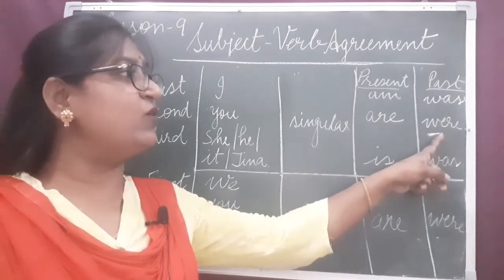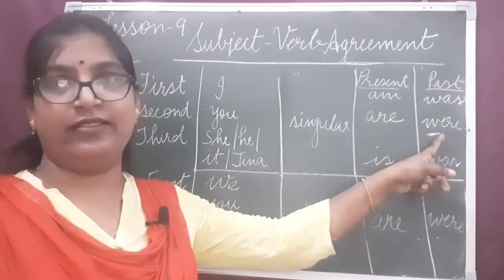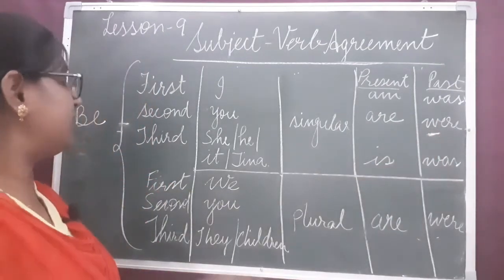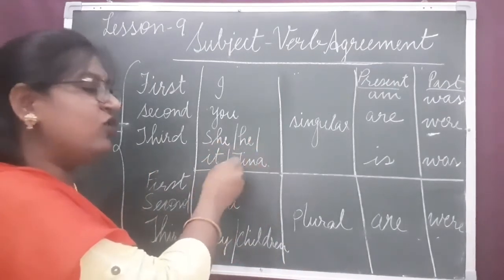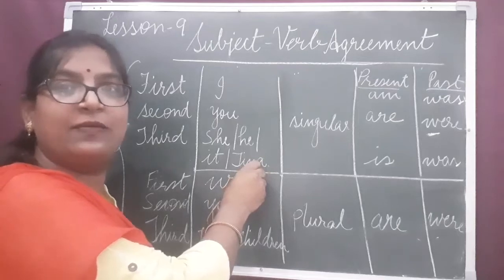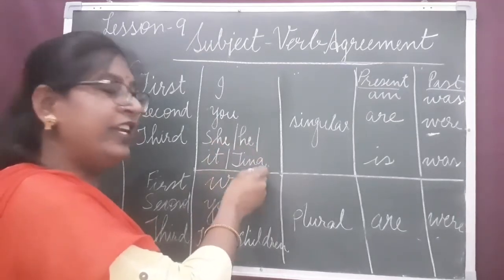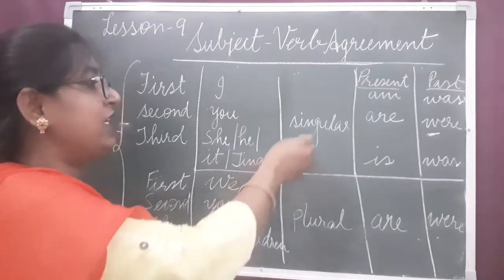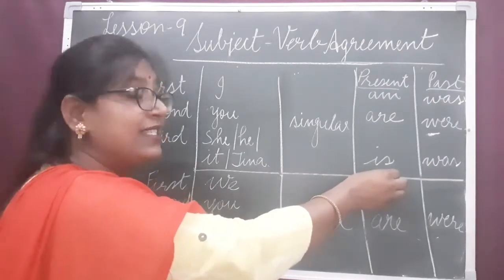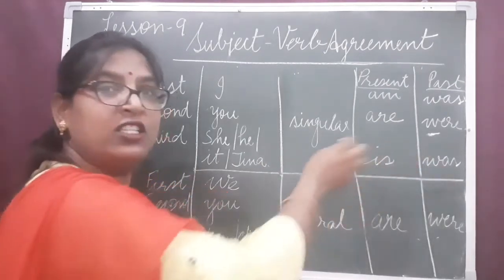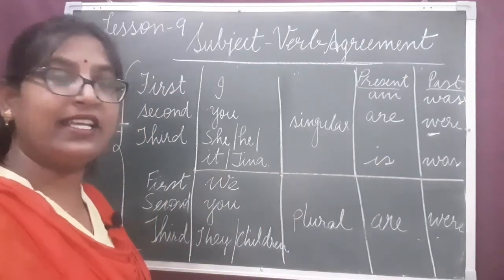And in the past we use were. And the third person pronouns are she, he, it or any singular subject. We use is in present tense and was in past tense.